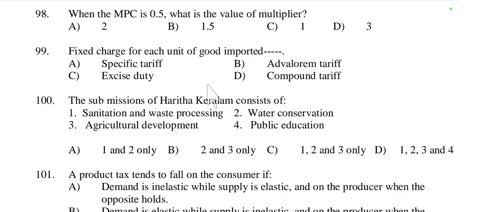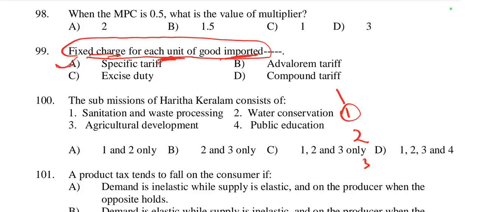For unit 1, for unit 2, for unit 3, for each unit, the fixed charge is the same. It is called a specific tariff, because it is a fixed charge for each unit of goods imported.